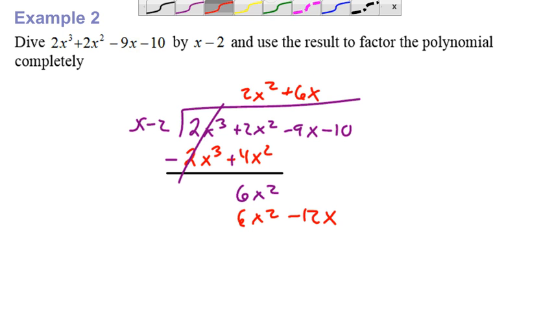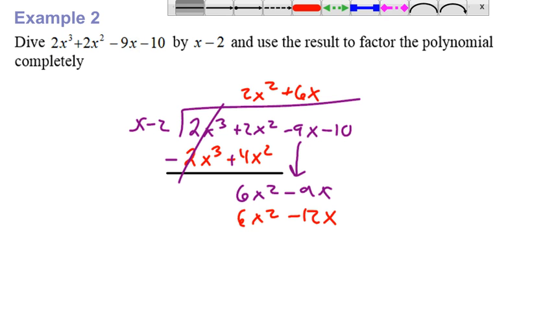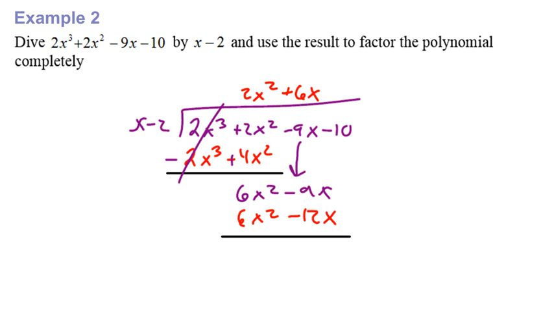Oops, I forgot to bring down my little guy there. Minus 9x. All right, so let's go ahead and subtract these guys right here. So this goes from a positive to a negative, and this goes from a negative to a positive. So these guys are gone. Voila! And then right here we'll get a positive 3x.